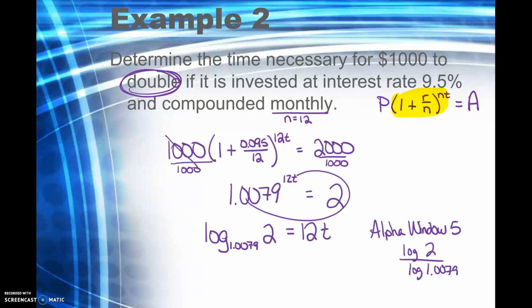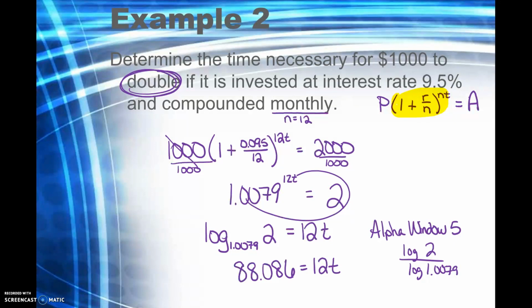Either way, log base 1.0079 of 2, I got 88.086 equals 12t.